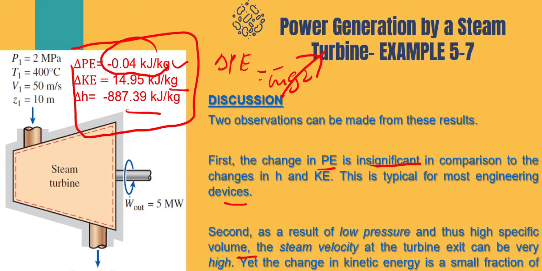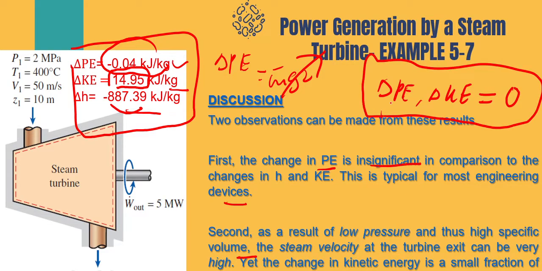But even though the velocity at state 2 is very high, you can see that the change in kinetic energy is a small fraction of the change in enthalpy, only 15.95 compared to the change in enthalpy, so less than 2%, and therefore often neglected. So usually we assume potential and kinetic energy equal to zero because the value is so small. So that's the conclusion.